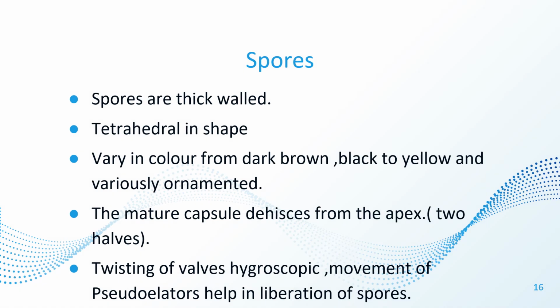Spores are thick-walled, tetrahedral in shape, vary in color from dark brown, black to yellow, and are variously ornamented. The mature capsule dehisces from the apex into two halves. The twisting of valves is hygroscopic in nature, as they absorb moisture. Movement of pseudoelaters helps in liberation of spores.